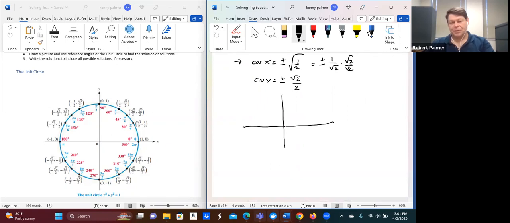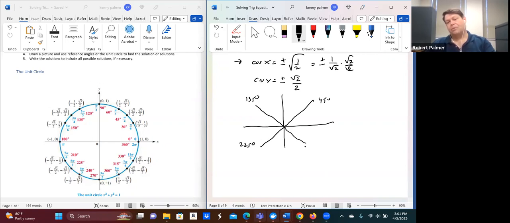This one is going to be kind of interesting. Let's do this in degrees this time, though it doesn't matter. We're going to have a positive solution where it's positive square root of 2 over 2 at 45 degrees. Other than where it's negative square root of 2 over 2 at 135 degrees. Then down here in the third quadrant, one where it's also negative square root of 2 over 2 at 225 degrees.